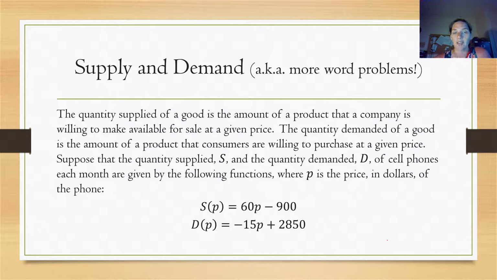We're going to suppose that the quantity supplied is S and the quantity demanded D of cell phones each month are given by the following functions. P is going to be the price in dollars of the phone. So the company will supply 60p minus 900 cell phones each month, and the customers will demand negative 15p plus 2850 per month.